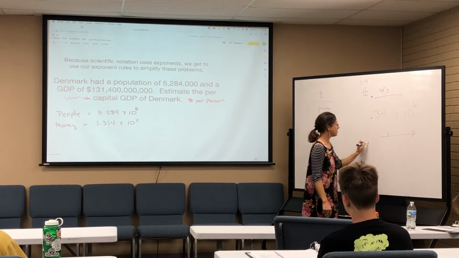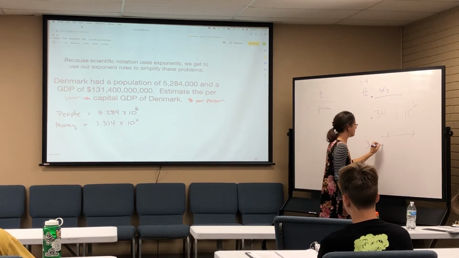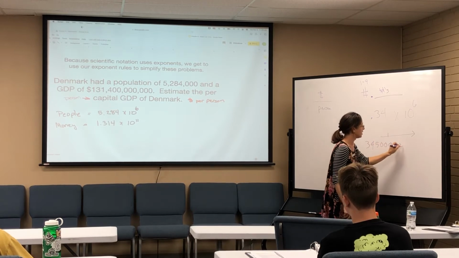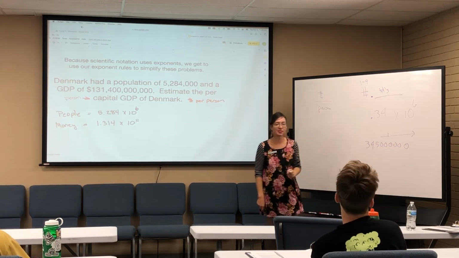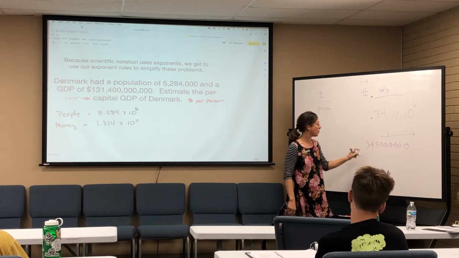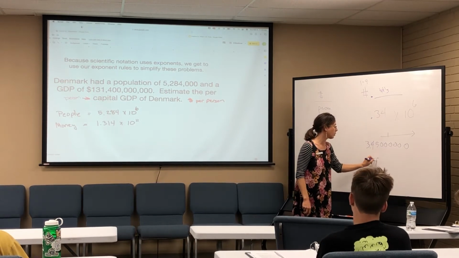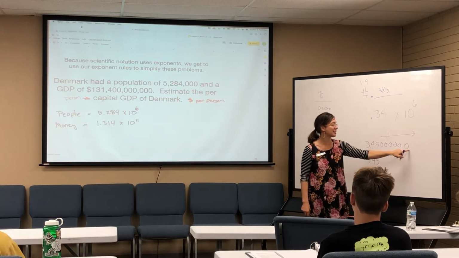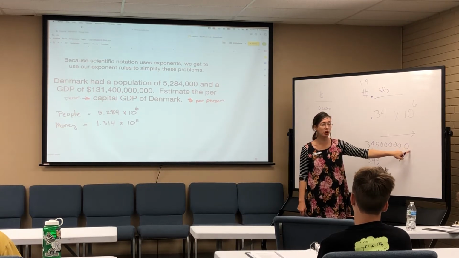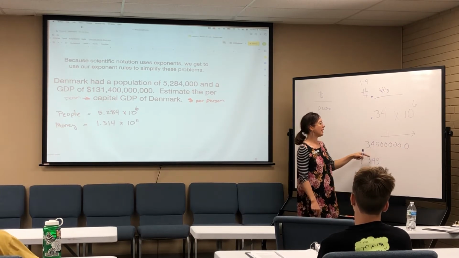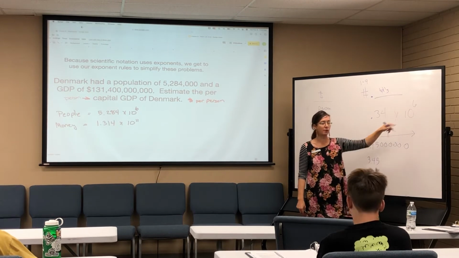The thing that gets confusing is when you have a number like this, and you're asked to write it. Well, I know my decimal has to be right here, so I'm going to have 3.45. In this case, they would often say your decimal is here, and you're moving it to the left, and then you're going to write a positive number.